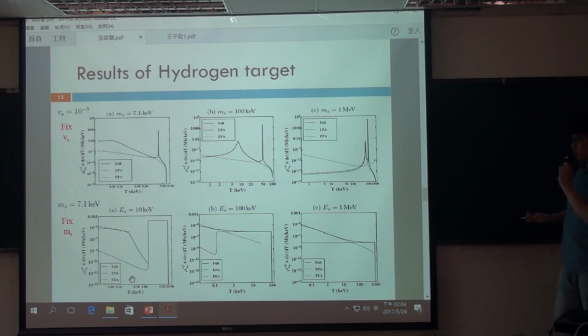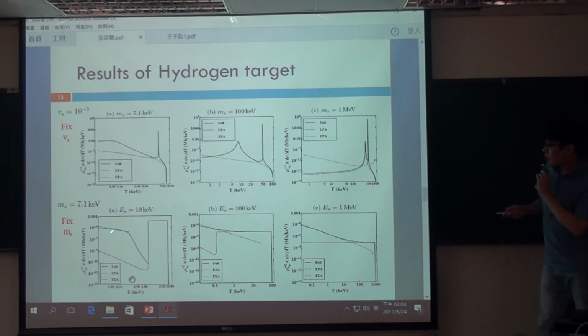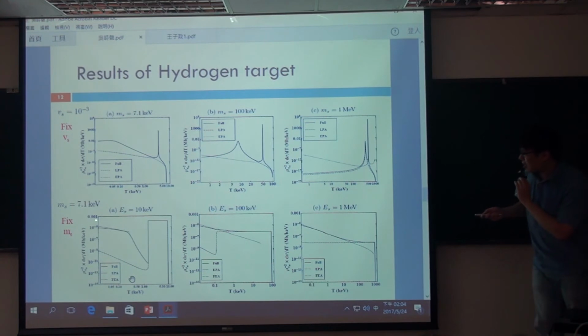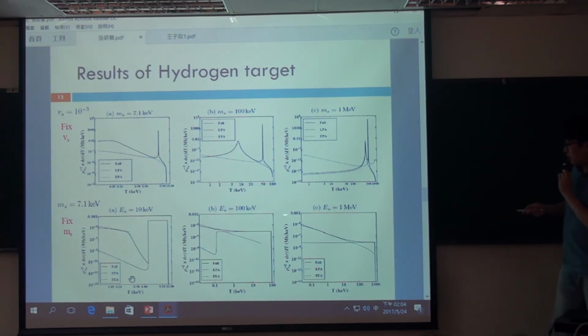We can also fix the mass and increase the velocity, or increase the momentum of the sterile neutrino. We see this region become broader, but the value become lower.